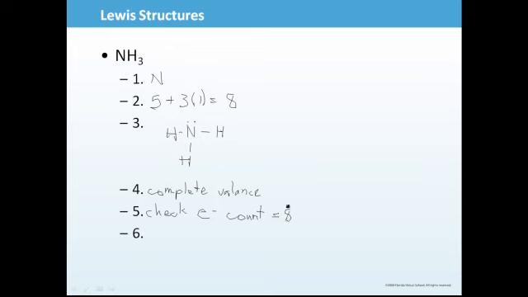And if we go back to step 2, that's how many we had, 8. So that is correct the way we have it. Our final structure, we don't have to make any corrections. Everybody is happy just the way they are, and we used the proper number of valence electrons. So that would be our Lewis structure for NH3.